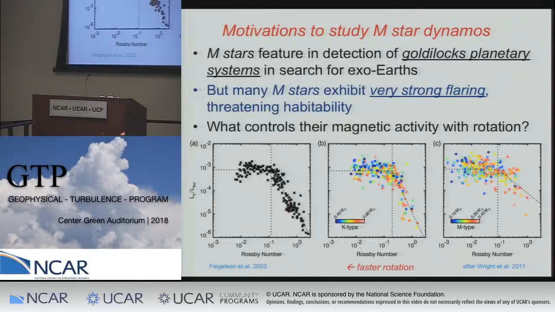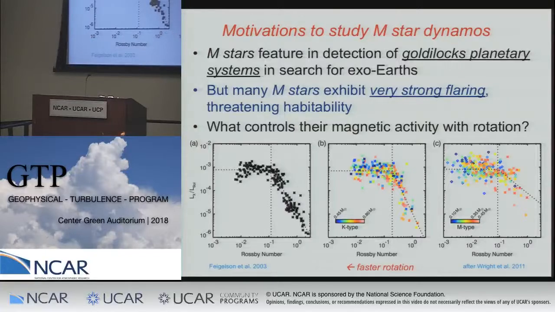Rakesh already introduced the subject to us, and he's been one of the workers on looking at dynamo processes within some M dwarfs. And further, something that is very prominent in almost all stars is that if you were to ask what is the apparent measure of activity, which might be the X-ray emission compared to the total emission from a star, versus their Rossby number.